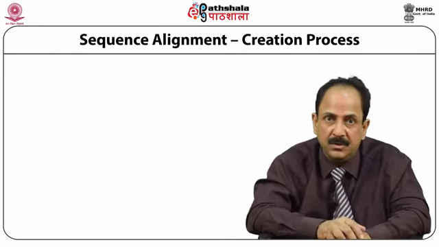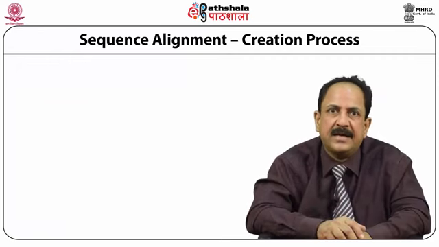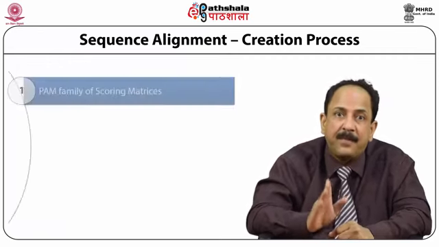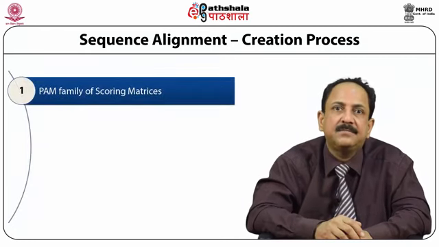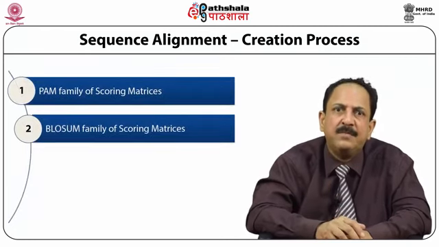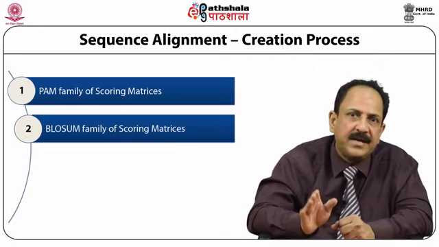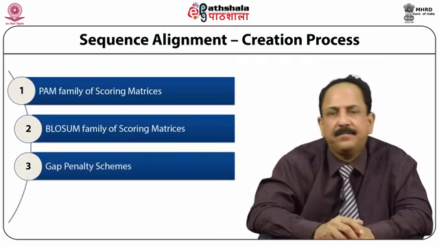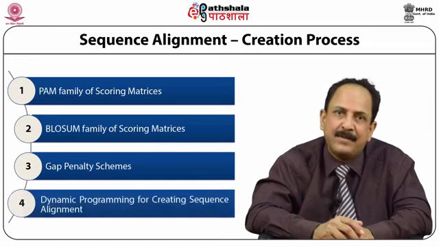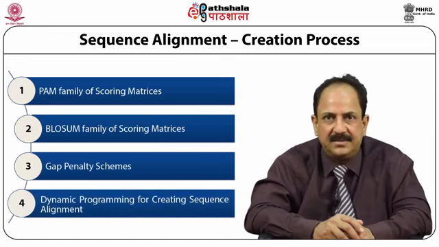In the present module, the learning objectives are to understand the PAM family of scoring matrices, the BLOSUM family of scoring matrices, different gap penalty schemes, and dynamic programming for creating sequence alignment.